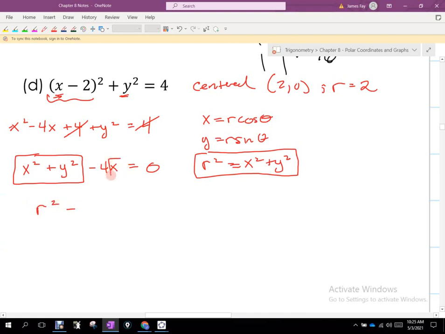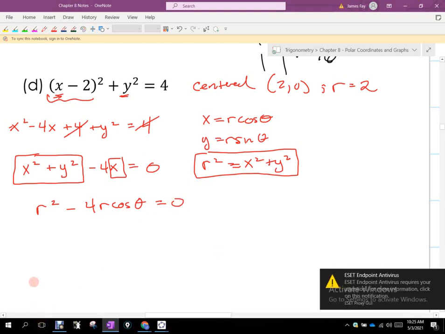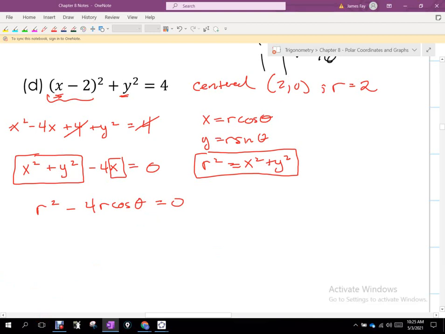What can I replace that x with? r cosine theta. Now, when we do polar equations, it's always r. It's never going to be r squared because it's referring to the radius, right? So we want the radius to the first degree. So what we're going to do here is factor out an r.